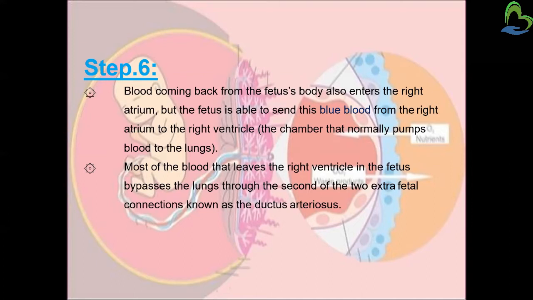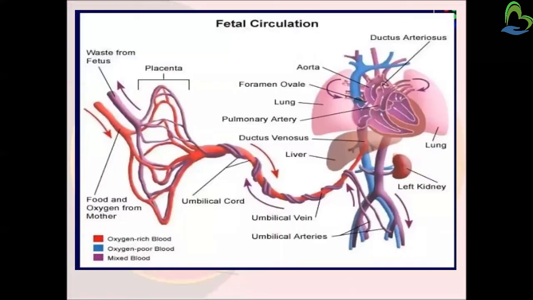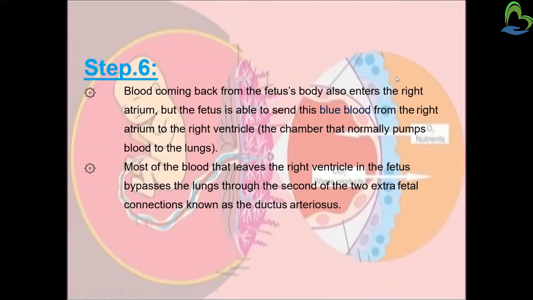Most of the blood that leaves the right ventricle in the fetus bypasses the lungs through the second of the two extra fetal connections, which is known as the ductus arteriosus. Now what is the ductus arteriosus in this figure? See, the mixture of two bloods occurs in this space, which is known as the ductus arteriosus.